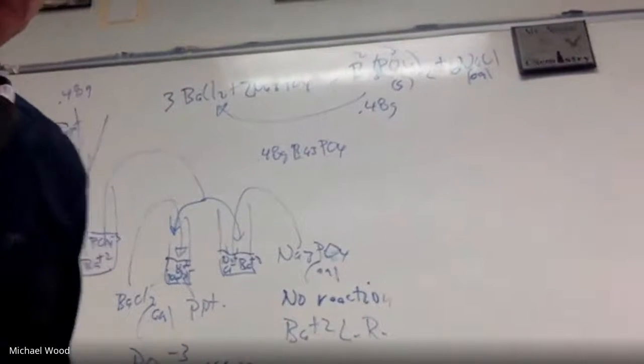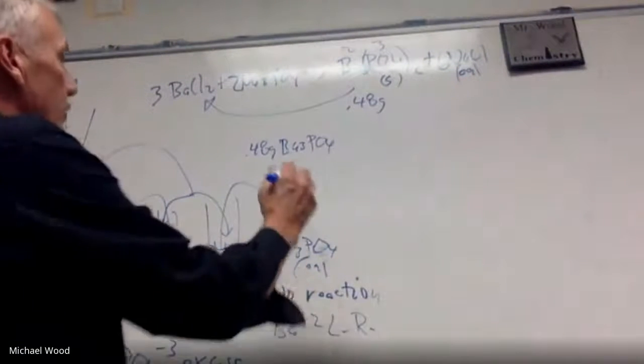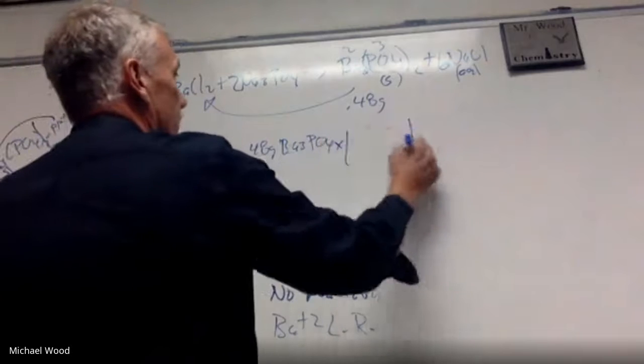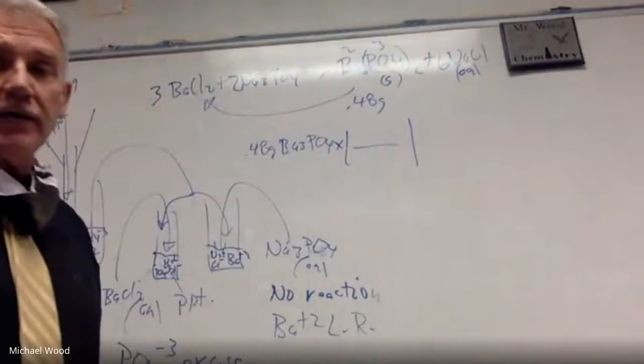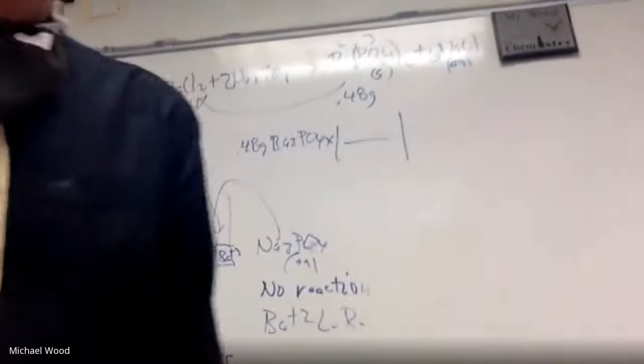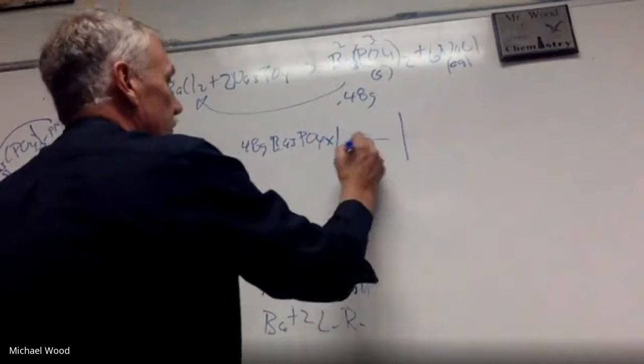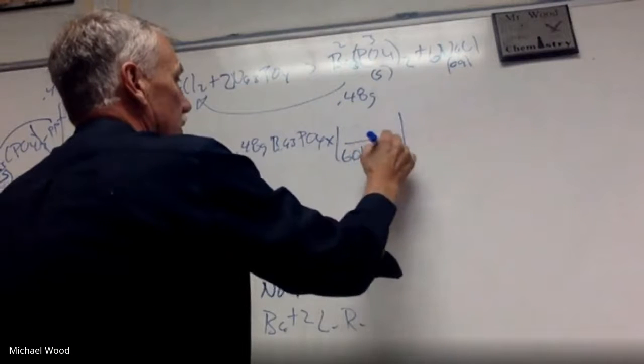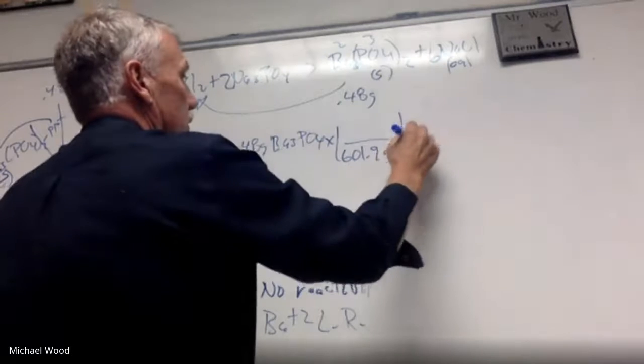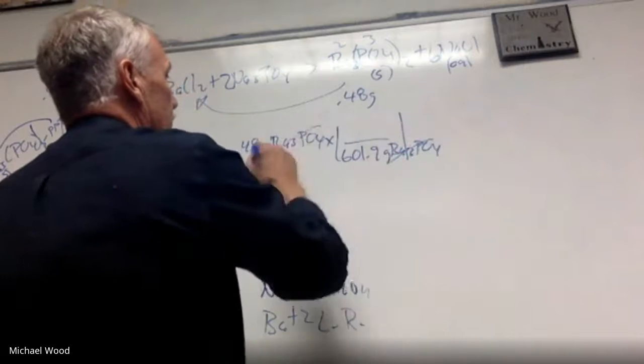So now I'm going to do some stoichiometry. So I'm going to go from 0.48 grams of barium phosphate, and I want to convert it back to barium chloride. So in doing this, the molar mass of the barium phosphate is 601.9 grams for every 1 mole.